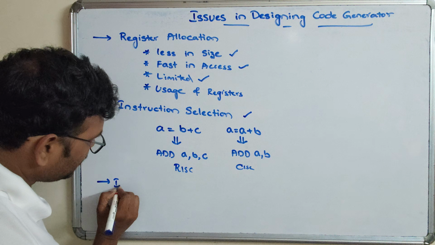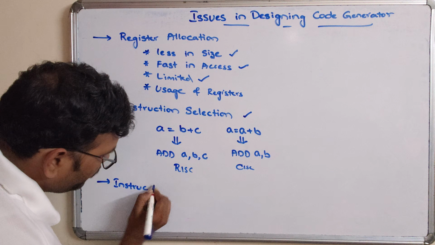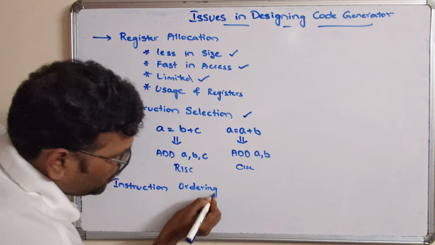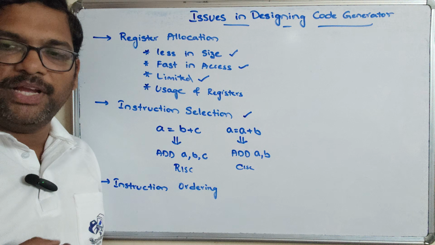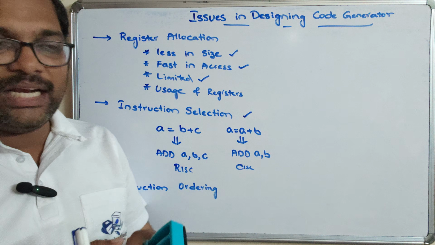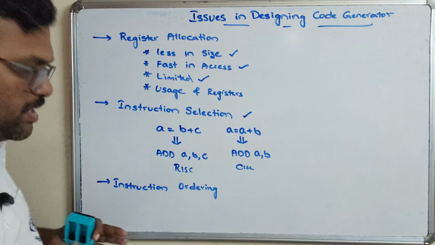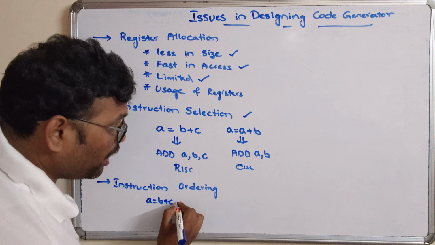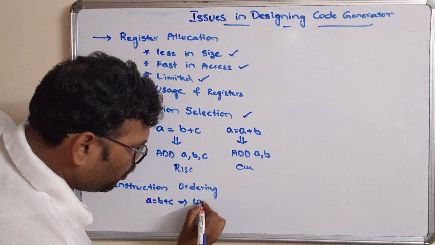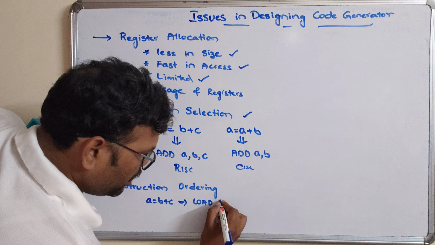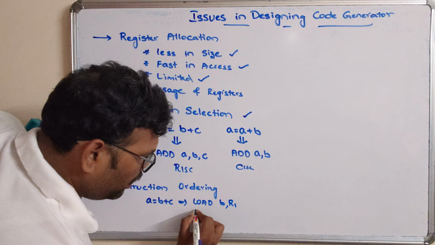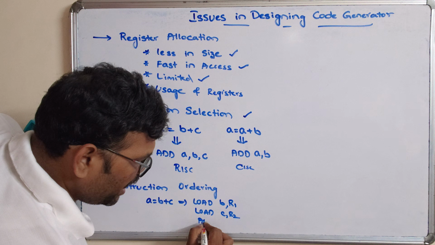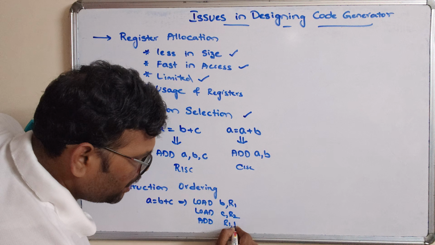Next, instruction ordering. Instruction ordering means here we need to reduce unnecessary load and store operations. So if you want to perform the same thing, a is equal to b plus c, we can use a load operation: load b to register 1 and load c to register 2, and then add r1 comma r2.